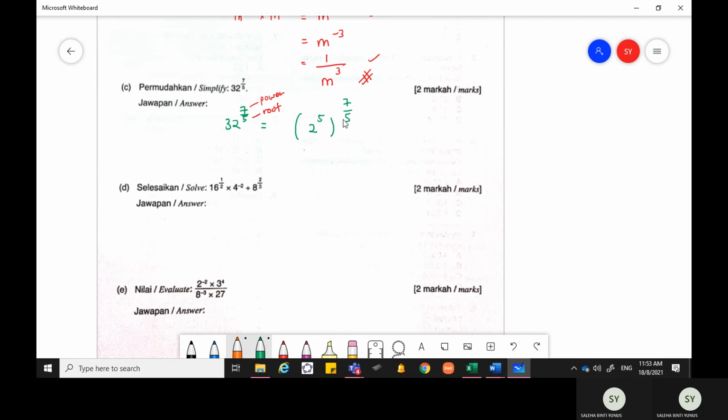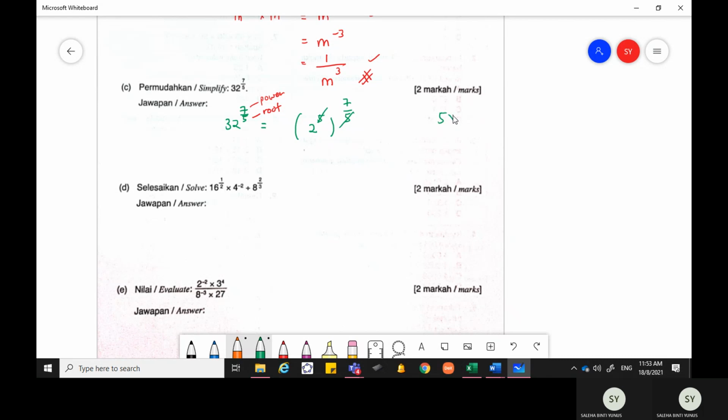Kalau kat sini kuasa 4, jadi kita fikir something to the power of 4. Okay, so that dekat sini kita boleh cancel out. Okay, itu tujuan dia. So awak fikir nombor tu boleh tukar kepada something to the power of apa yang sama dengan root. Okay, so that kita boleh cancel out. Sebab apa boleh cancel out? Sebab ini kan power dan power.